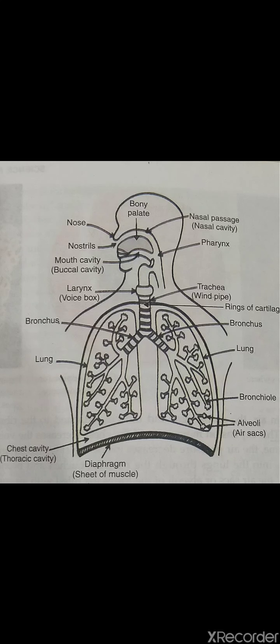So it is due to this difference in concentration, this gradient, that the oxygen and carbon dioxide gases get exchanged between blood capillaries and the body tissues. So this is all about the human respiratory system, and along with this you should practice the diagram of the human respiratory system.